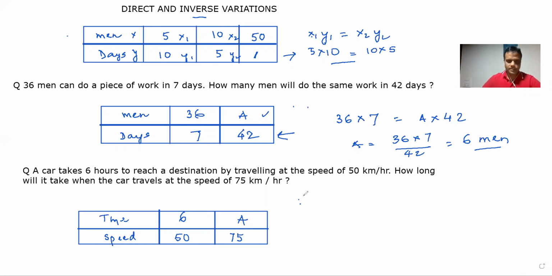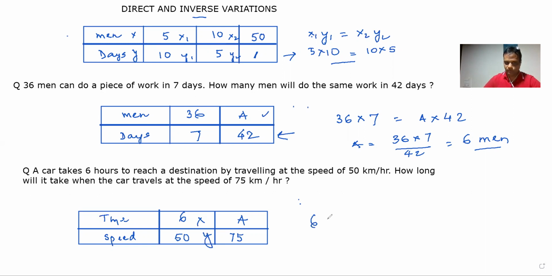Now, common sense says that the time taken will be less. If 6 hours it takes to reach by the speed of 50 kilometers, then it will take lesser time when the speed goes up. So when it is an inverse relationship, I know that I have to multiply x1 and y1.